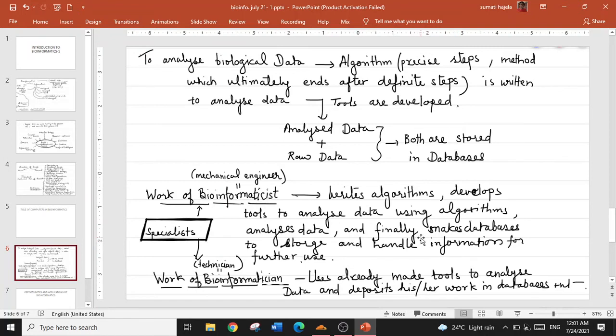Finally, they are able to make databases to store and handle information for further use. The other specialist belonging to this category is the bioinformatician, like any technician. A bioinformatician can use already made tools to analyze data and deposit their work in the databases present.